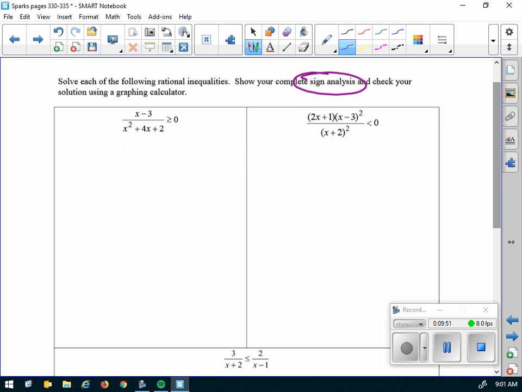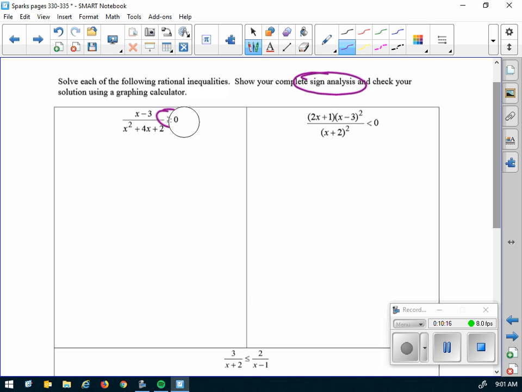How could you check your answer to this using a graphing calculator? So what are you looking at on your graph compared to your answer? In this case, what are we going to be looking for? When it's above the x-axis or on it. Right. Above the x-axis or on it.